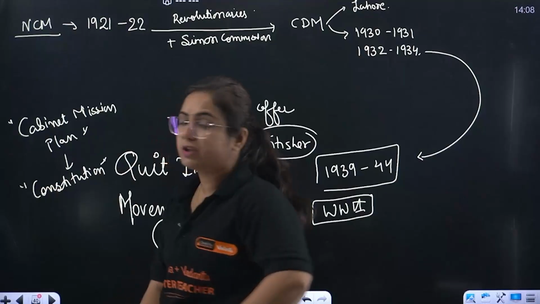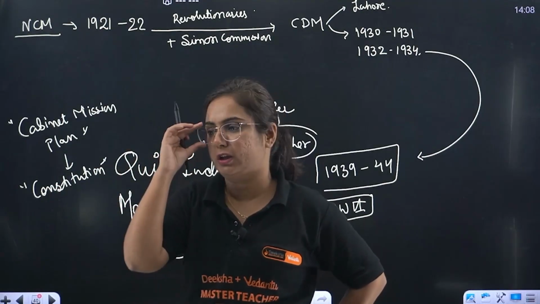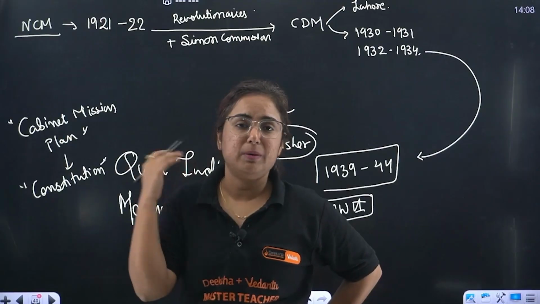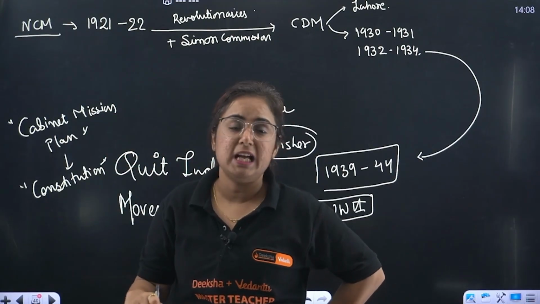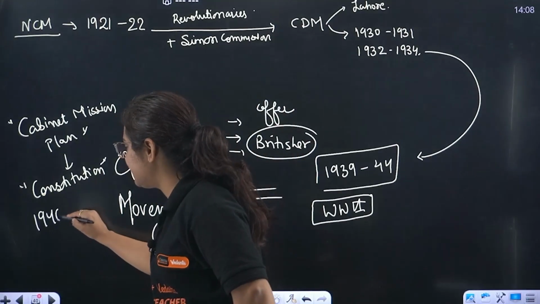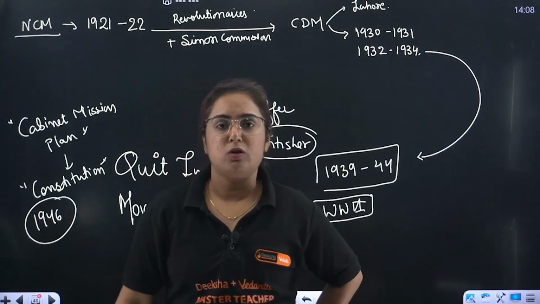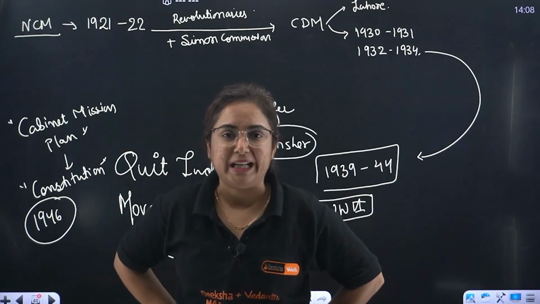When the constitution of the nation was to be made, an election was organized particularly for this constitution. The Muslim community was unhappy because the demand of representation according to population was not accepted. They did not come into the constituent assembly that was made in 1946 to frame the Indian constitution, and hence it was decided by Mountbatten that there will be two separate nations.